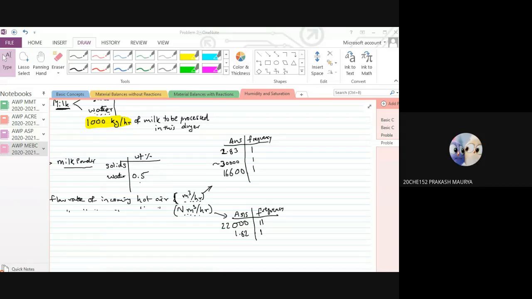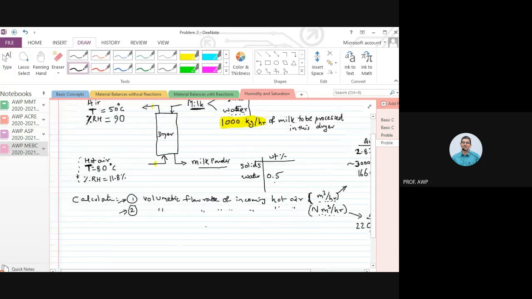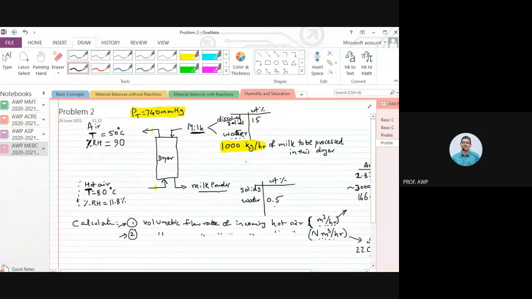Sir, I don't think. You're solving or not solving? You're solving, right? Sir, I am stuck. You're stuck. Where? I'm asking you so many times, if people are stuck, do you want any hints? Where are you stuck? Prakash, can you tell us where you are stuck?